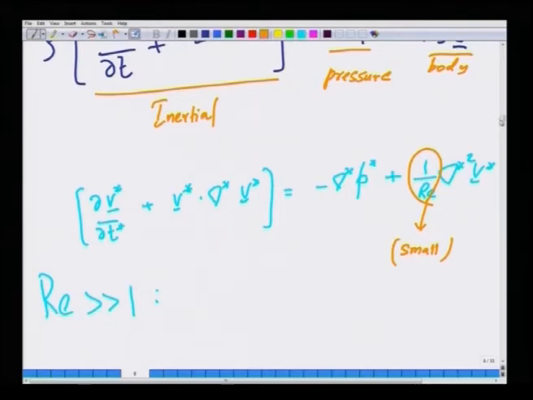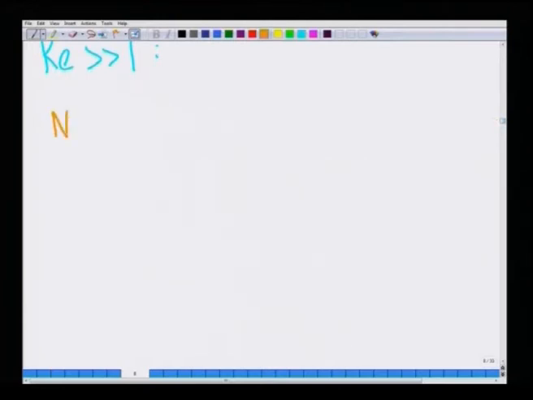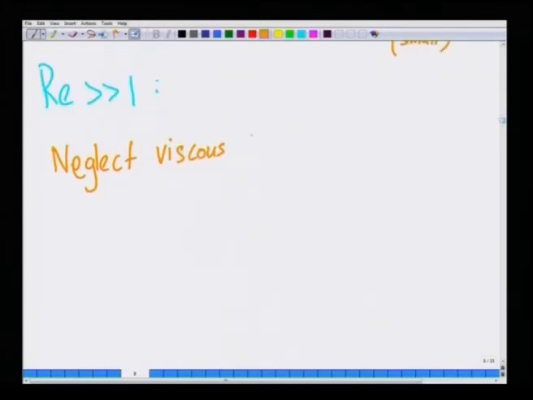And if we neglect viscous stresses, then we end up with what is called the Euler equation.